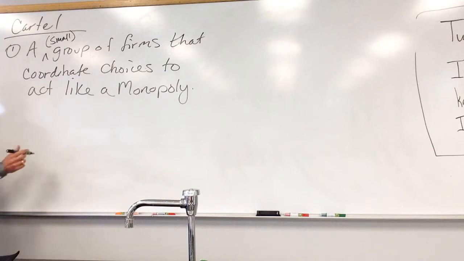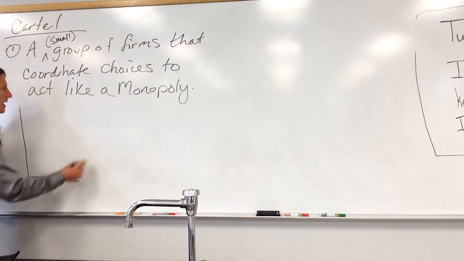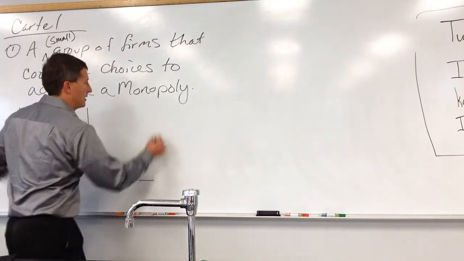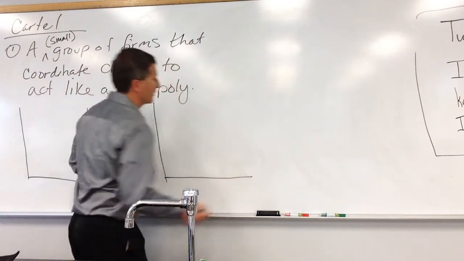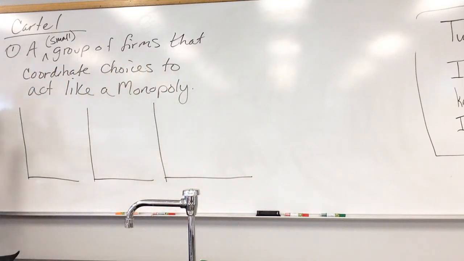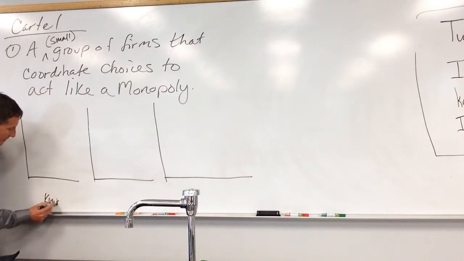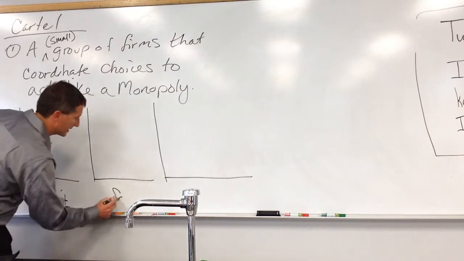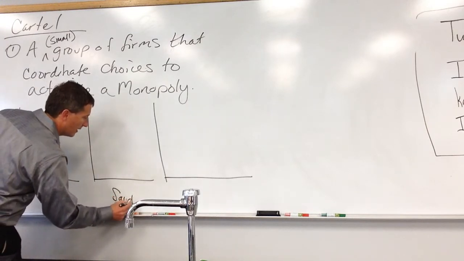So here's how it works. I'm going to draw 3 graphs side by side with each other. Let's say we've got Kuwait over here, and we've got Saudi Arabia over here.